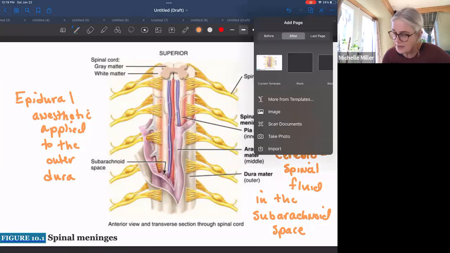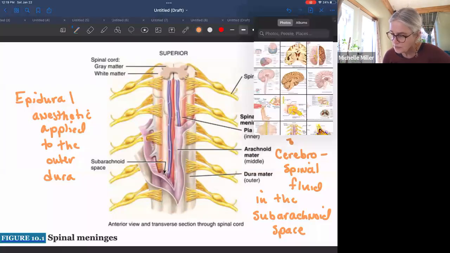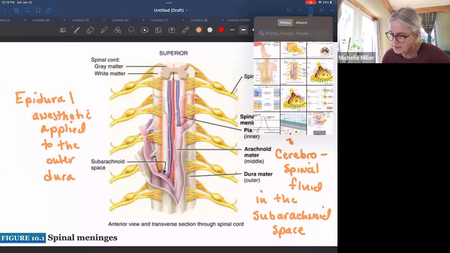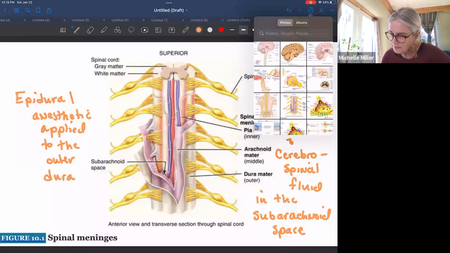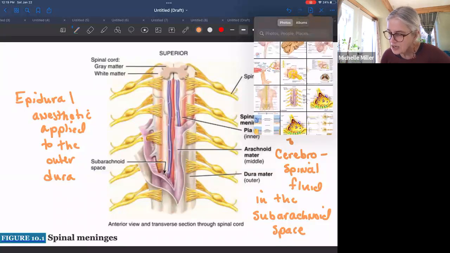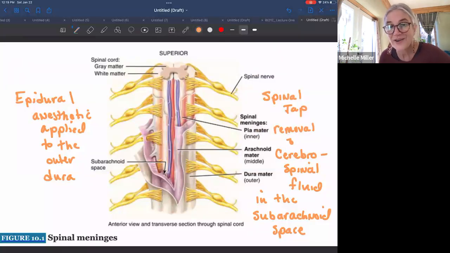And we have an image from your book that shows that spinal tap process. There is an image in your book that shows that spinal tap process. And one of the things that's interesting is it's done low on the back. Why would you have the spinal tap done low on the back?